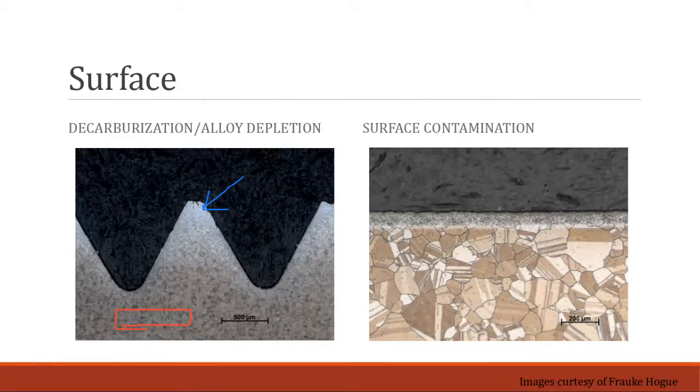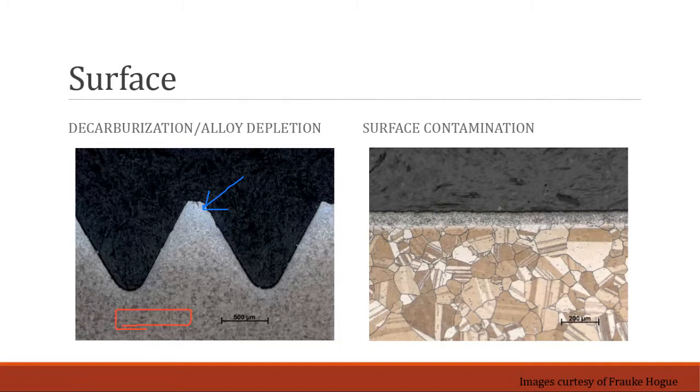So carbon has essentially diffused out of the material, and hence the light etch response. The more carbon, the darker. So if it was carburized, you would have a much darker outer surface compared to your base material.